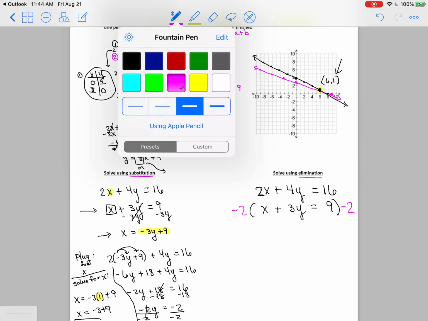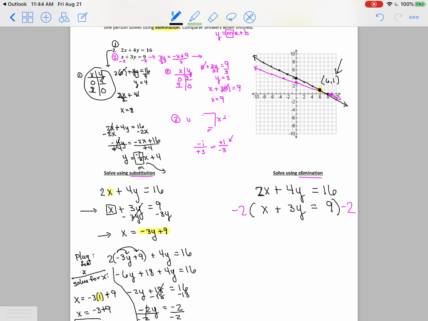Okay, so I'm just going to rewrite this down below. Here's my original: 2x plus 4y equals 16. Basically what I'm doing is just bringing this down. And minus 2x minus 6y is equal to negative 18.